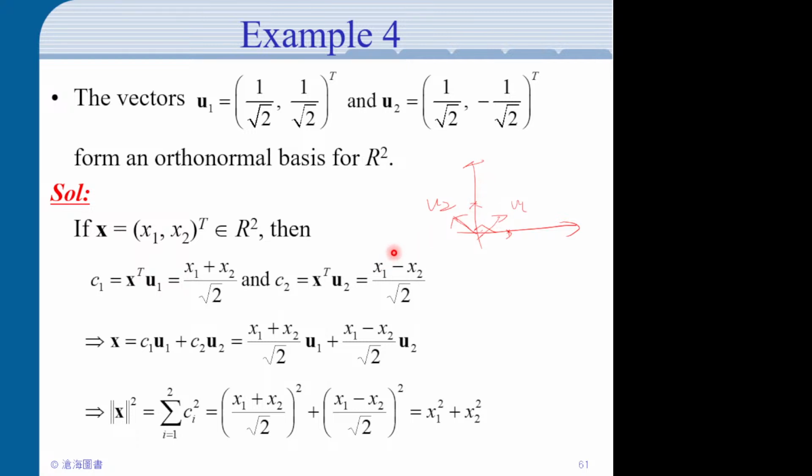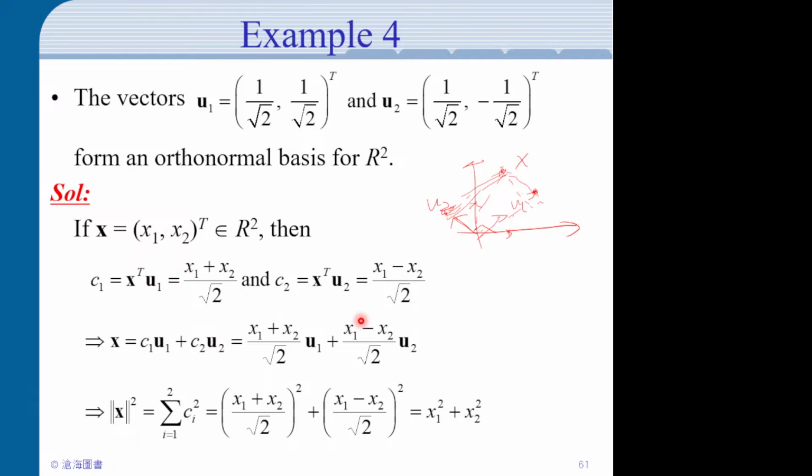Okay, so we have some x here with x1, x2, and the coordinates c1 and c2 can be calculated by the inner product. This is not too obvious from the geometry, but you can take the inner product to find the coordinates.